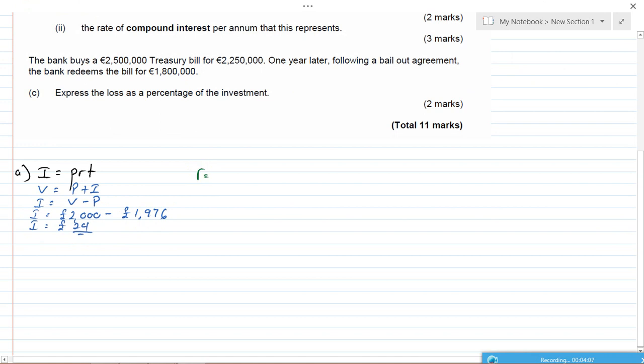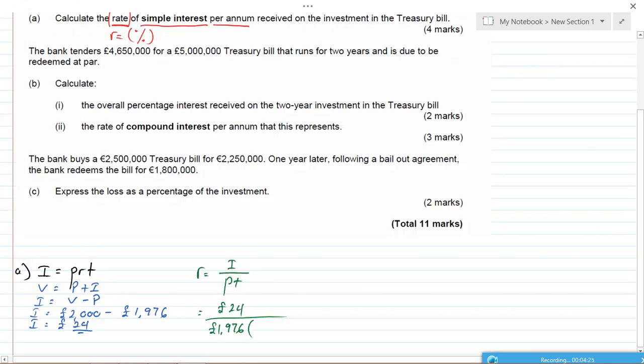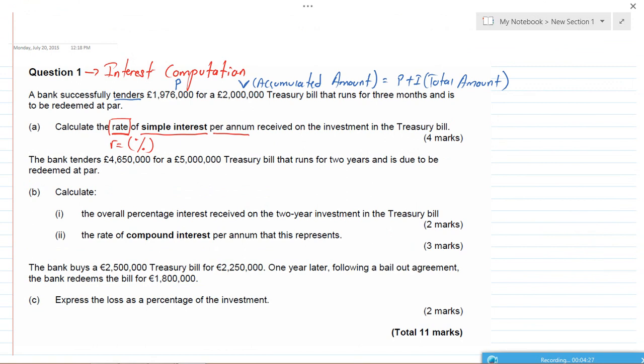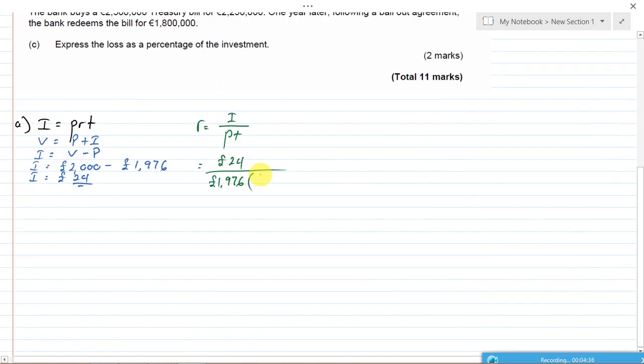Our next step: they want the R. If you reverse the formula, it is I over PT. Therefore, you take the 24 divided by 1976 in a bracket. What is your T? T means how many years. What is the duration? Only 3 months. So over here, 3 over 12.